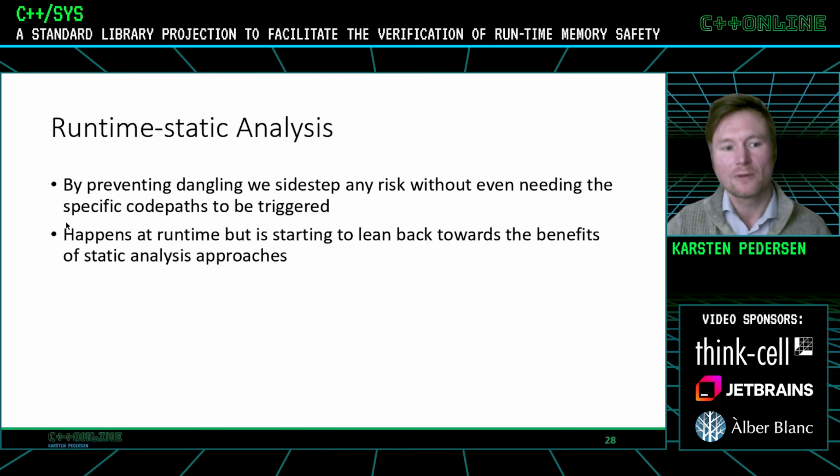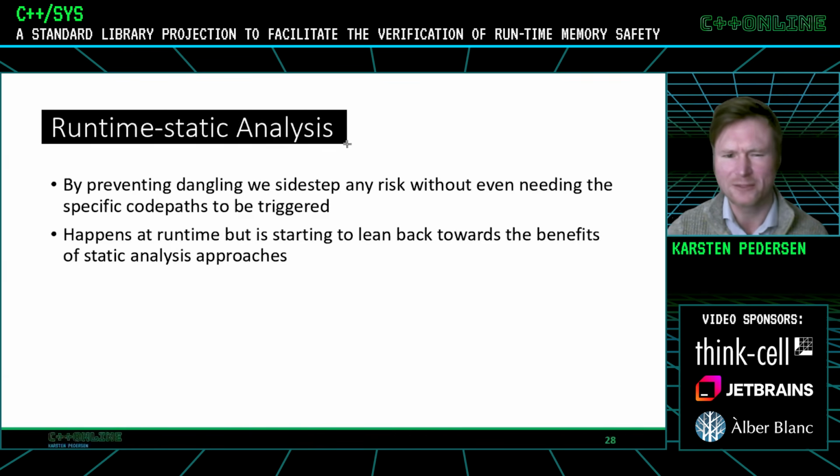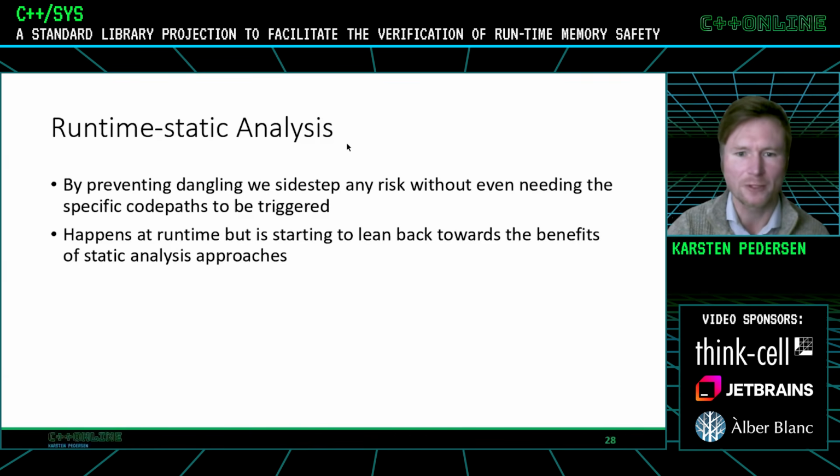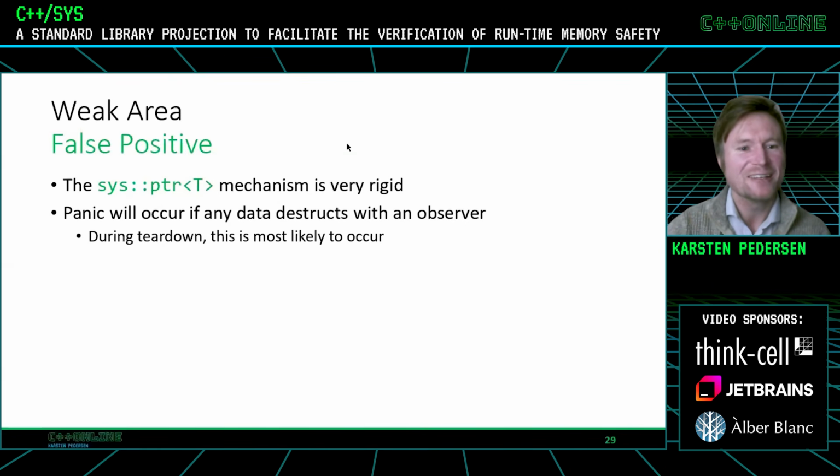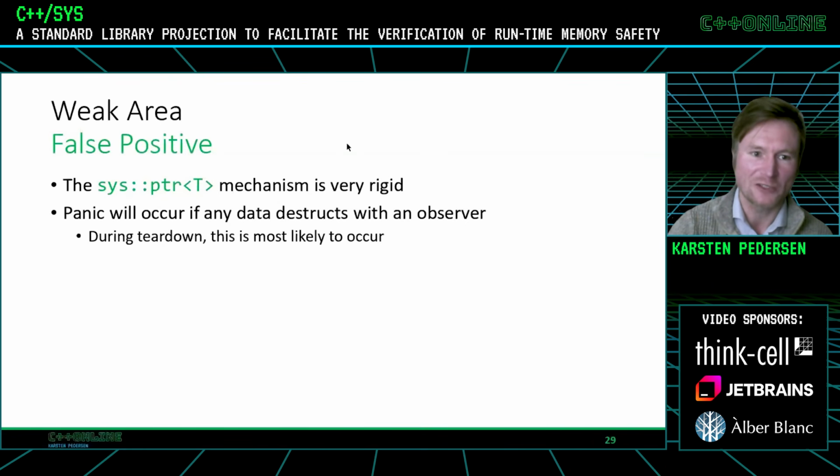The whole thing happens at runtime, but because it's preventing some designs that could potentially be dangerous, it's leaning back towards static analysis. So I've slightly cheesily coined the term runtime static analysis, but I don't know how correct that would be. So there are some weak areas, and in some ways the weak areas are useful to discuss because they're quite useful at explaining how the whole mechanism works.